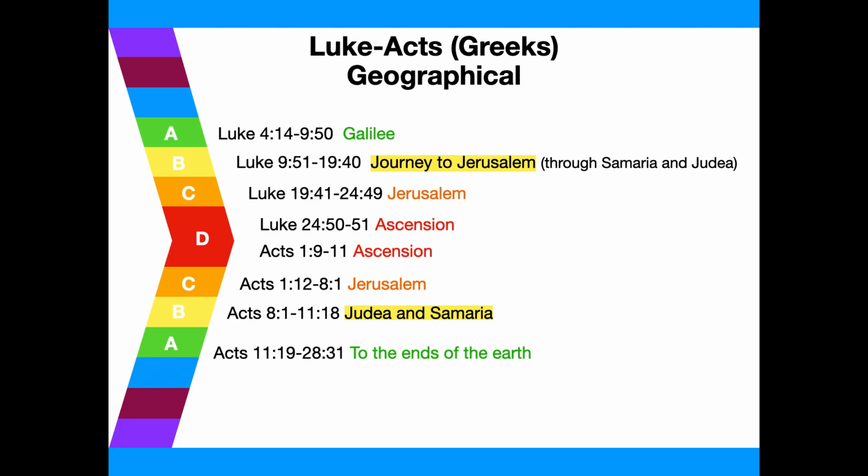And then in the book of Acts, at the height of the chiasmus, he starts with the ascension again and comes backward to Jerusalem, back to Judea and Samaria, and then ends with to the ends of the earth. So they're coming from Galilee to Jerusalem and to heaven. So they're coming back into God's presence, and then they're coming back out of God's presence to the ends of the earth, spreading the gospel far and wide.